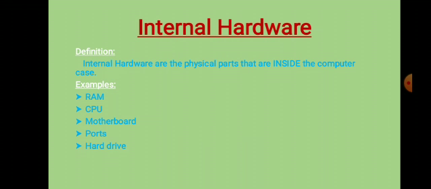Internal hardware are the physical parts that are inside the computer case. RAM, CPU, motherboard, ports, hard drive, etc. are some of the examples of internal hardware.